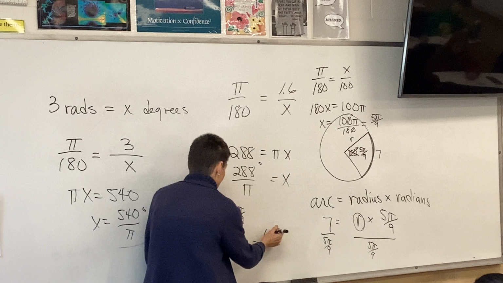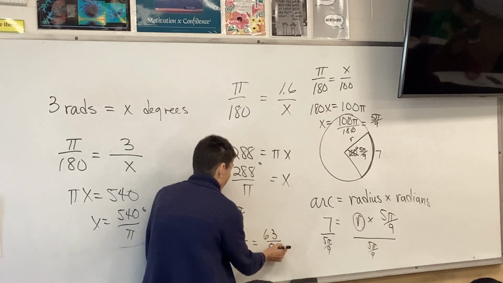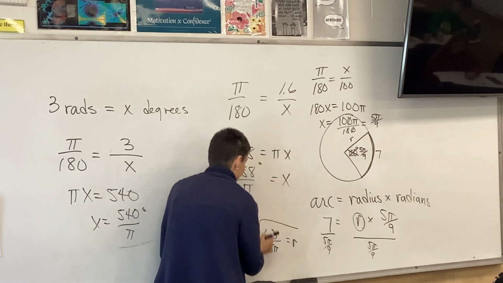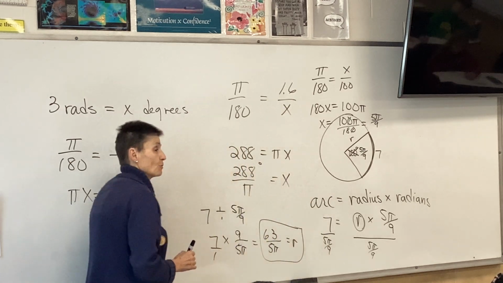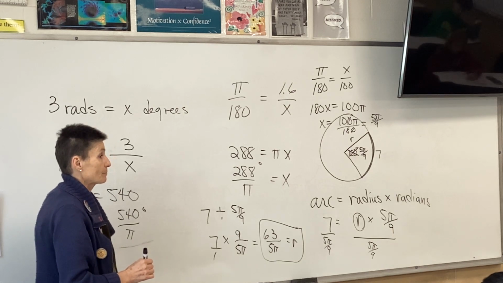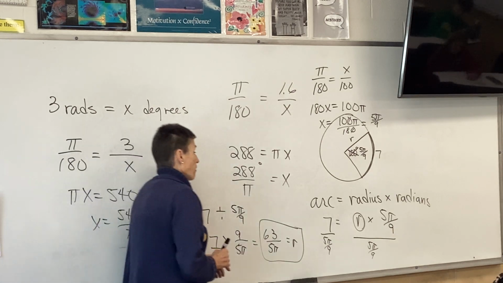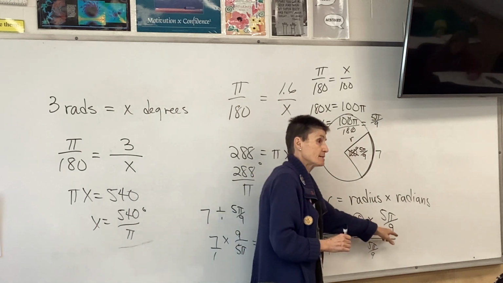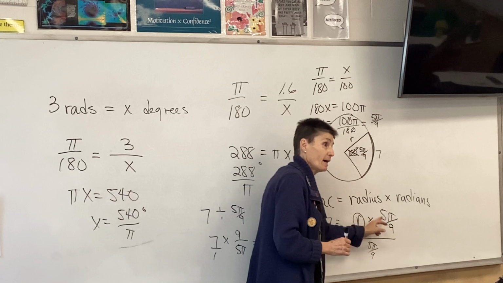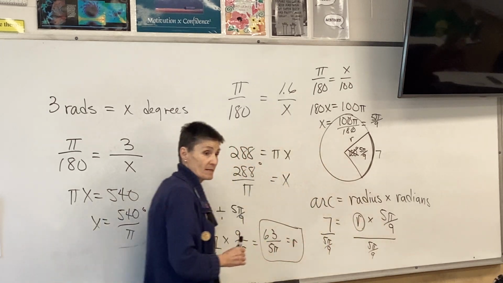So I got 63 over 5 pi equals R. Now I'm telling you, you're going to get crazy answers over and over again. Don't panic about it. That's it. Another way you could have done this is times both sides by 9 and then divide by 5 if you didn't want to mess with the fraction.